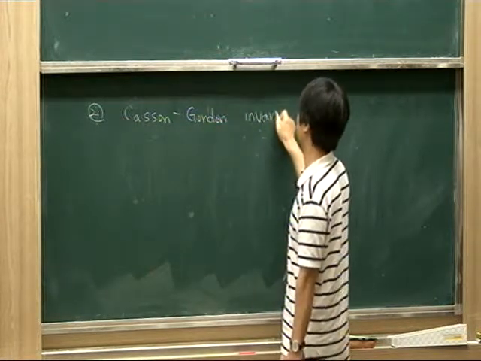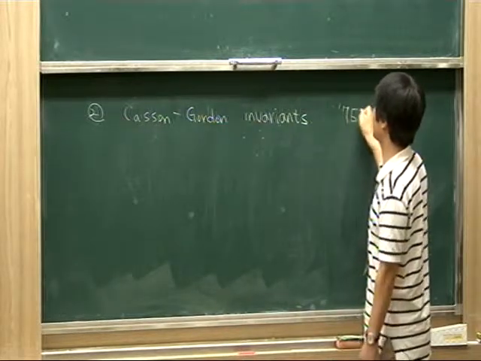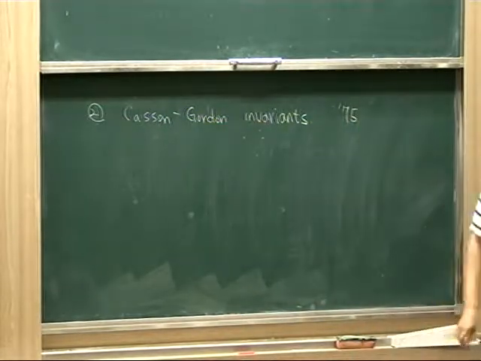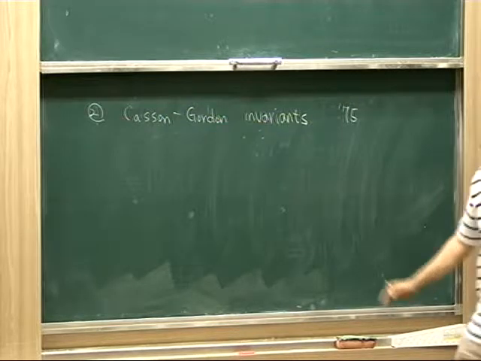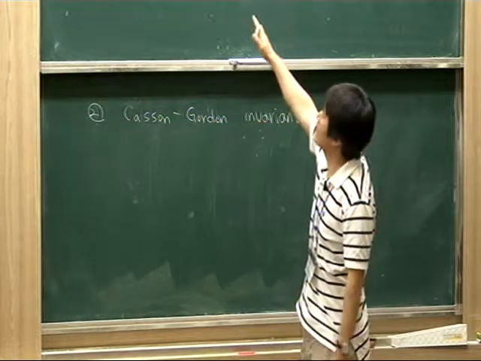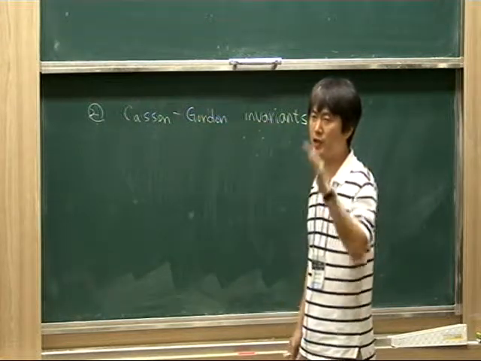So it's probably around 75. This is a powerful concordance invariant which is still used in many cases, and the crucial difference between the Levine invariant and the Casson-Gordon invariant is the level of covering spaces.